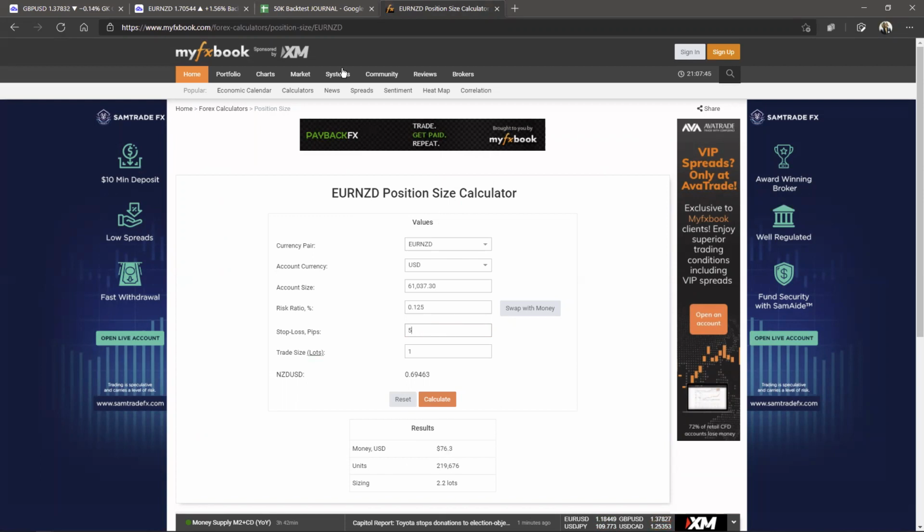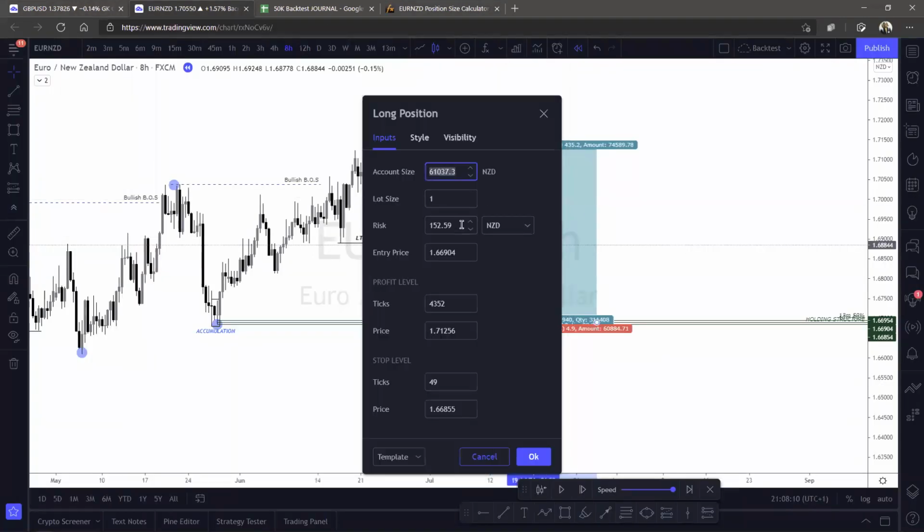Okay, cool. And in total, this is a 152 risk and 60. Yeah, now put that in here as well. 76.30.